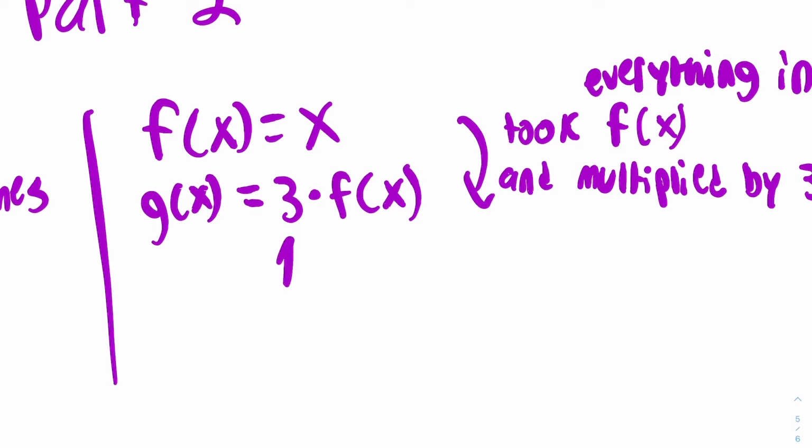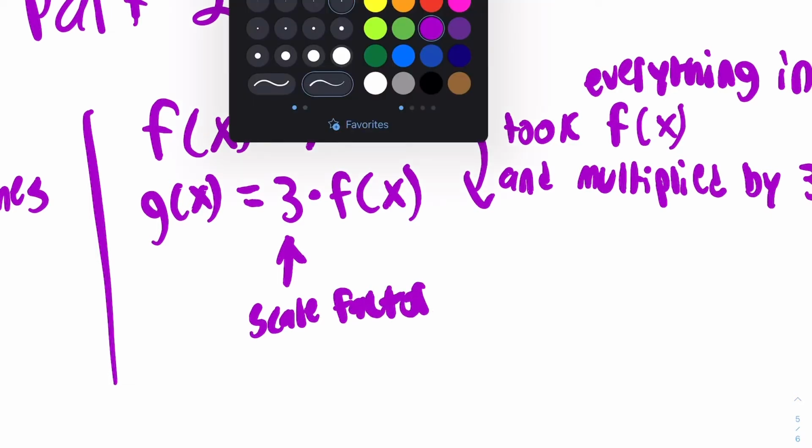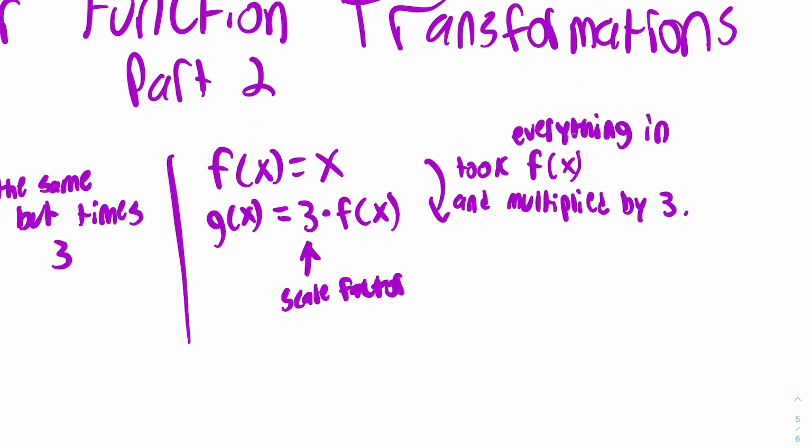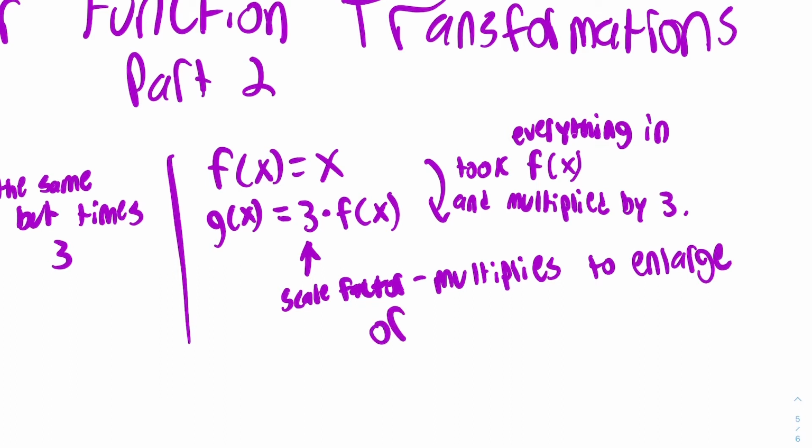So this right here is called a scale factor. Let me change my ink. It's too fat. Or maybe I'm too zoomed in. That's a scale factor. And what a scale factor does is it multiplies to enlarge or reduce numbers.